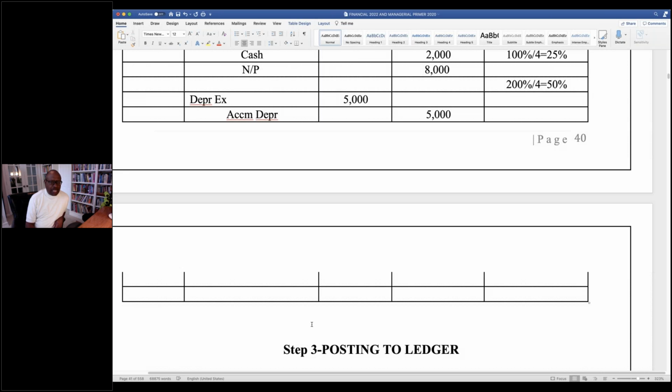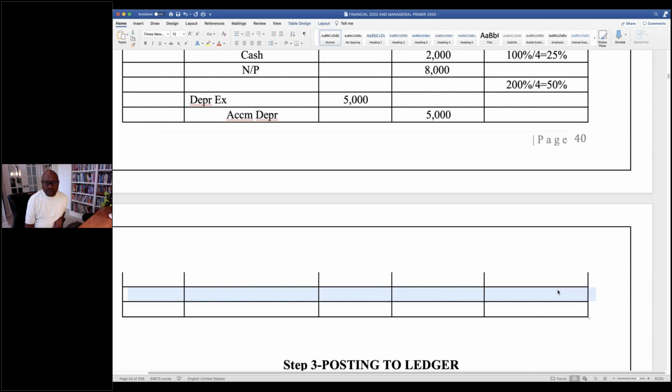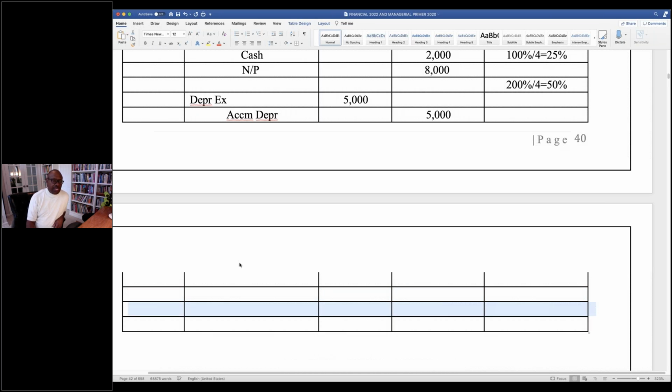You sell the car for $6,000. What are you going to do now? Repeat that one more time. We sold the car for $6,000.